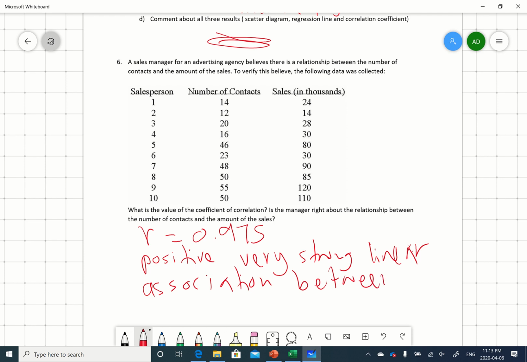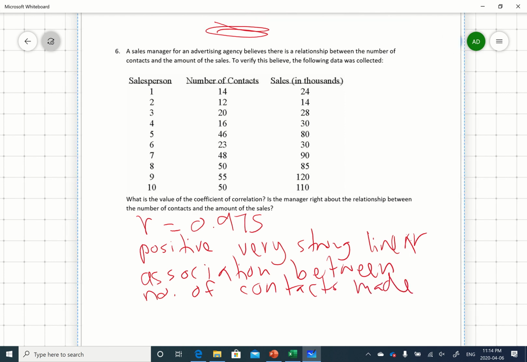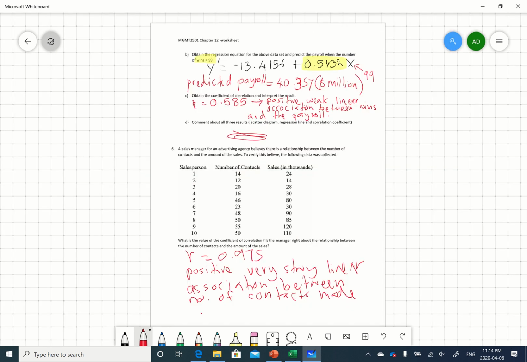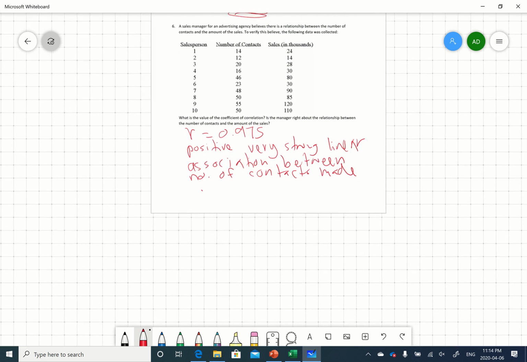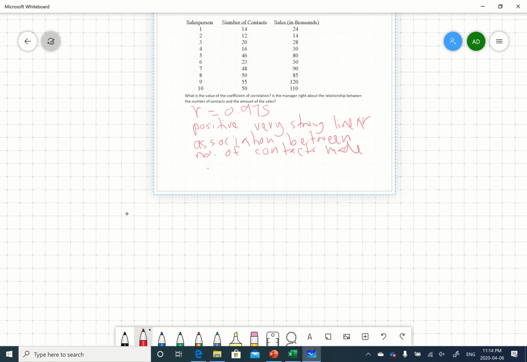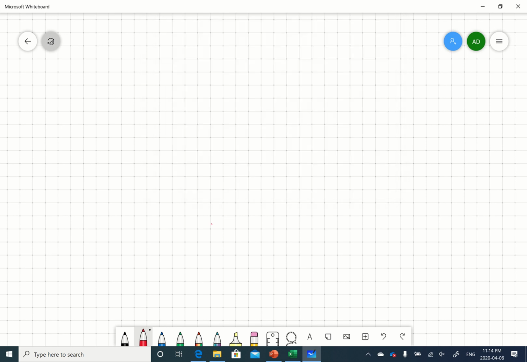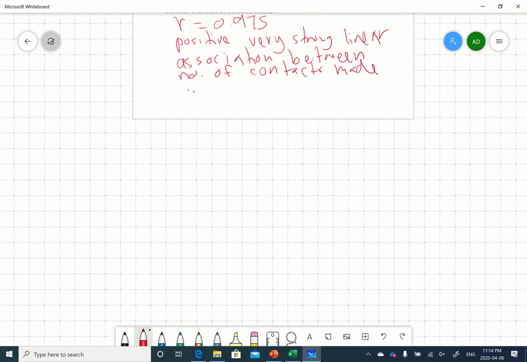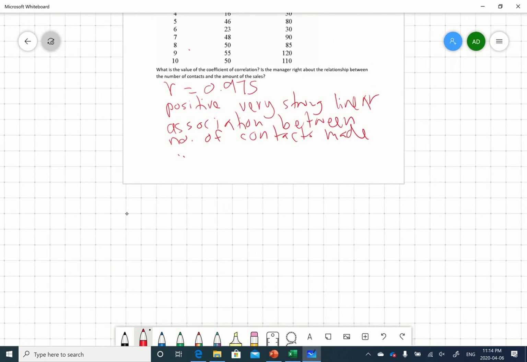between number of contacts made and the sales volume.